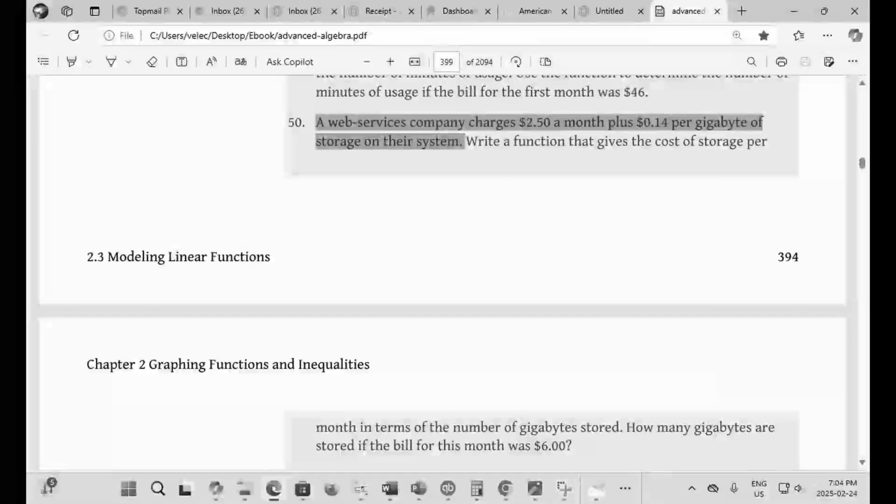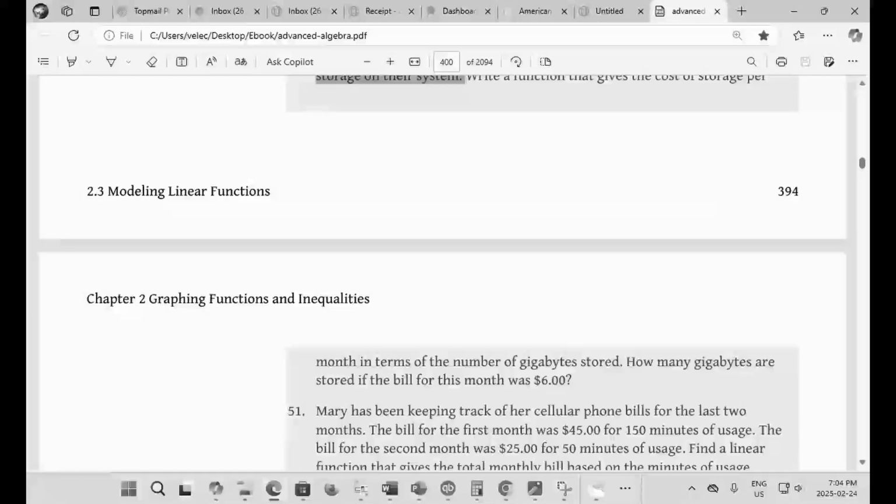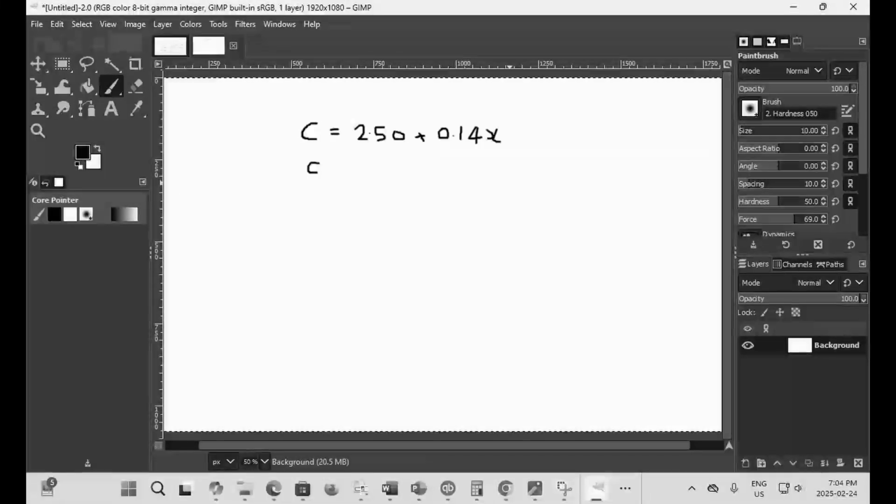Now, how many gigabytes are stored if the bill for this month was $6? If C, or cost, equals $6, how many gigabytes of storage? What is x? We know this is 6, and we know the equation, 2.50 plus 0.14x.